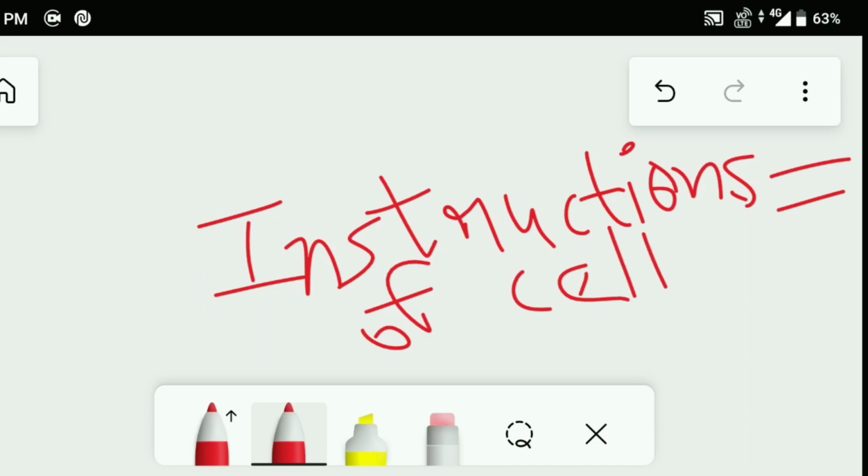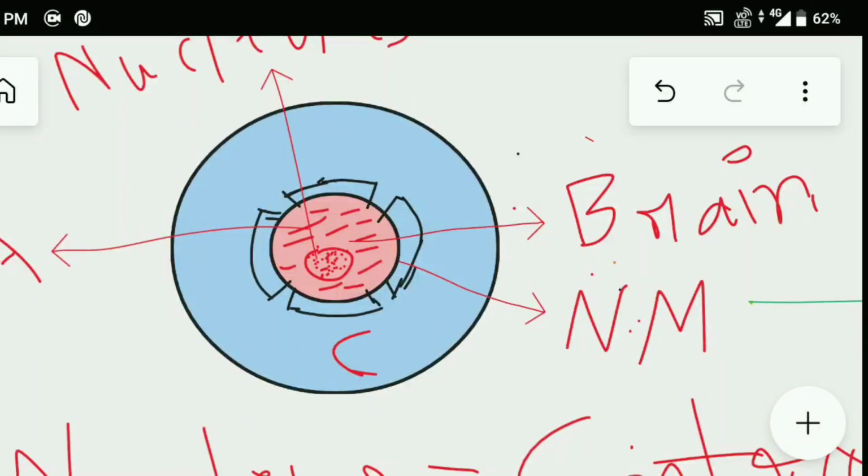Now the function of the nucleus. The nucleus mainly has three functions. It controls cell activities.